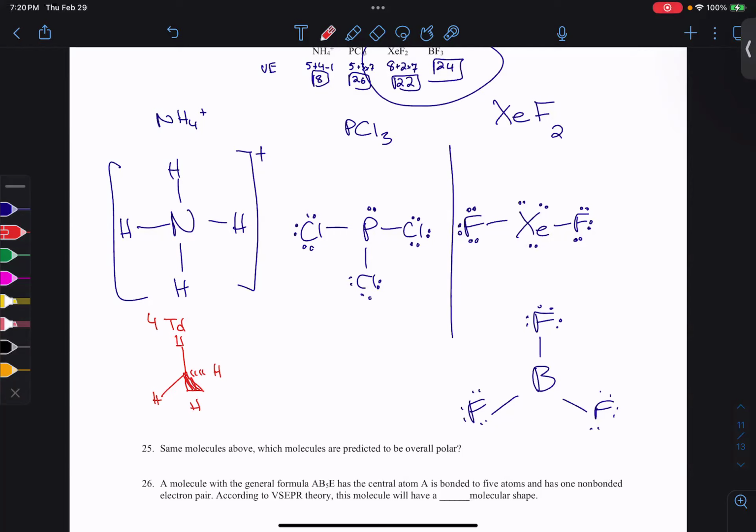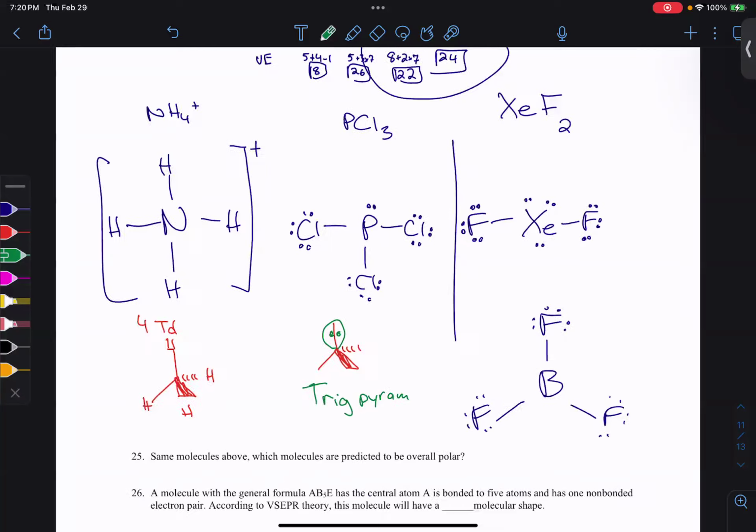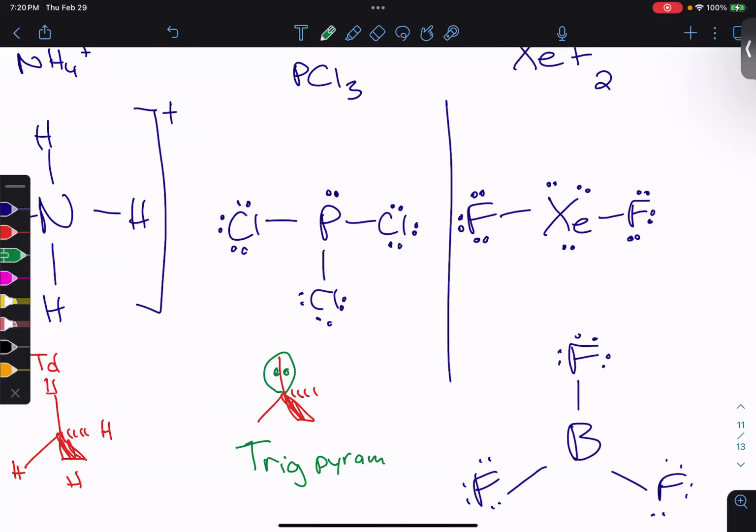All right, what about PCl3? Is that going to be polar? Yes, because it is also a tetrahedron electron domain, but one of those legs is a lone pair. So this is actually trigonal pyramid, where that lone pair disrupts the symmetry. It's templating on that tetrahedron, that 4-electron domain. What oftentimes students say, I see it all the time, I'll ask for the electron domain geometry and the molecular geometry, right? For electron, they will say, oh yeah, that's tetrahedral because it's 4.